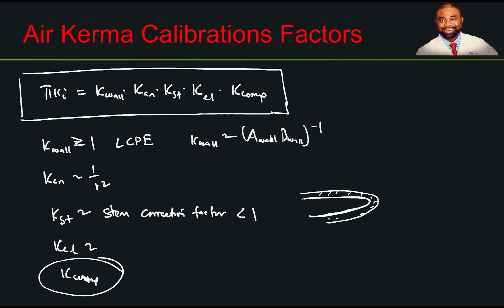K-stem accounts for photons scattered by the stem of the chamber. And K-wall accounts for attenuation and scatter, because if the walls of the chamber are made of a material different from the surrounding medium, then we have to take into consideration the scatter as well as the attenuation that occurs in the walls.